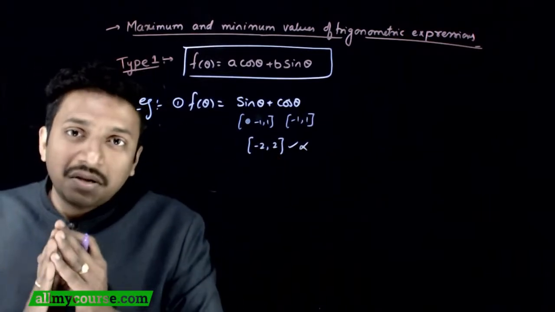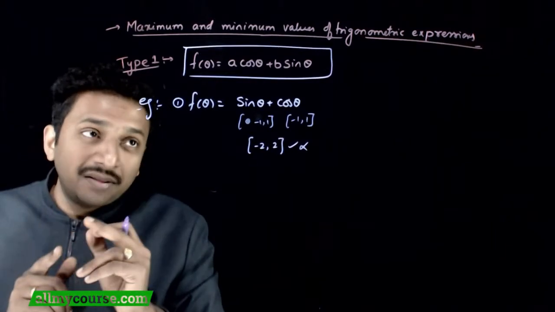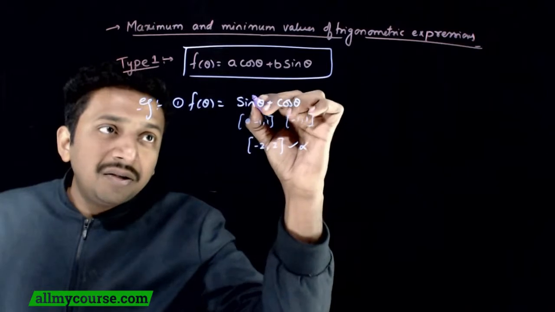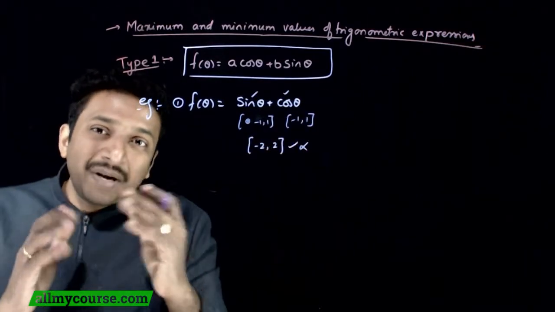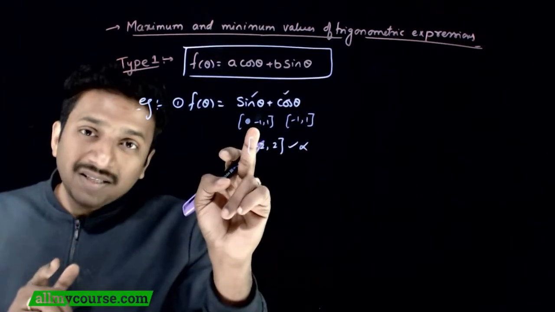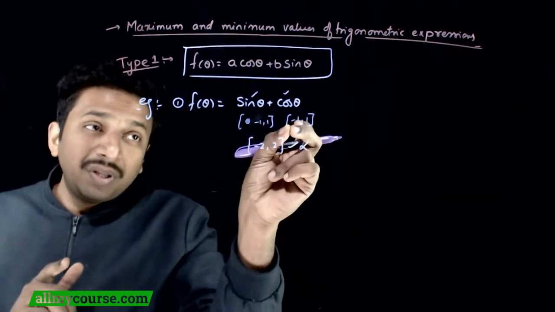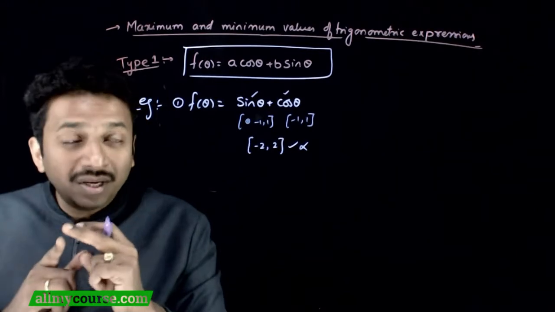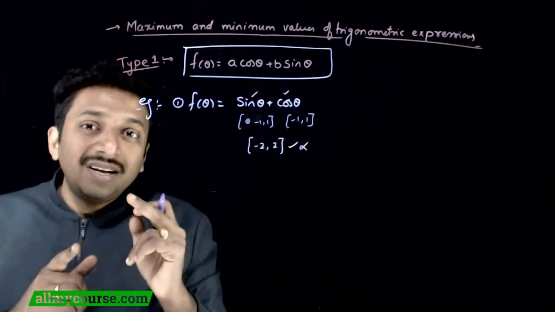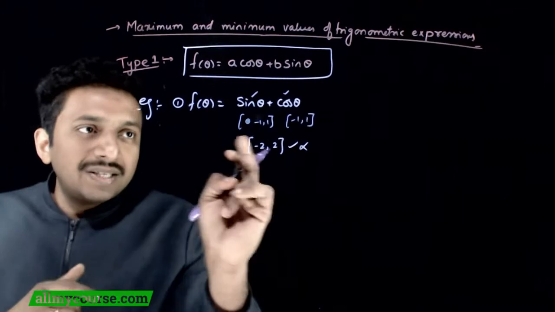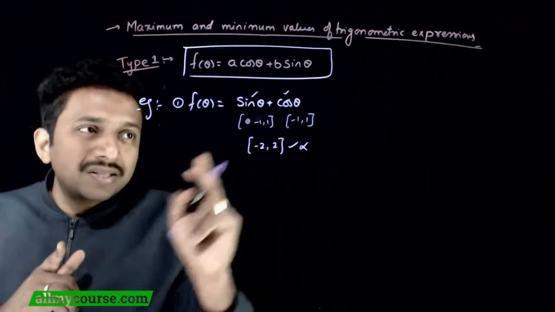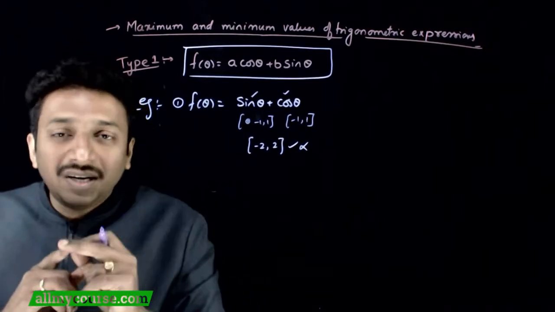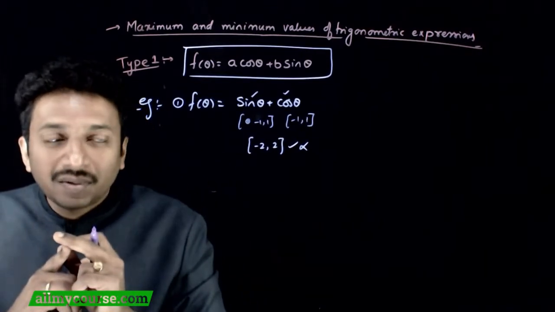So what's wrong in this range? The thing that is wrong is that again you're assuming sin theta and cos theta are independent of each other. That means when sin theta is equal to -1, you're assuming that cos theta can simultaneously be equal to -1. But we know that sin theta and cos theta depend on each other. When sin is equal to -1, cos cannot be equal to -1, because sin square theta plus cos square theta has to be equal to 1.